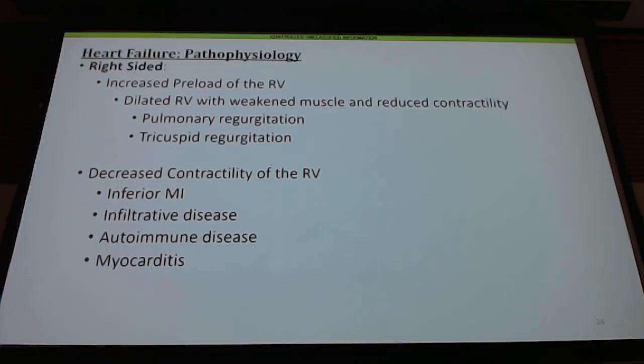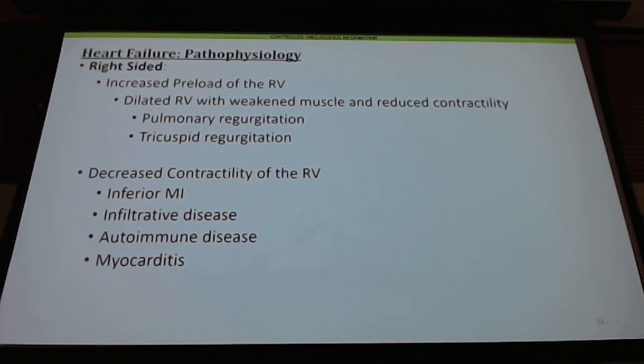When I look at increasing my preload, so things like pulmonary or tricuspid regurgitation, where I squeeze out the blood, but then a lot of that comes right back because of those valvular diseases that are present. I no longer have that one-way valvular integrity or that one-way flow. A lot of that volume comes back, and now the heart's having to work again to get rid of that volume that's already there and that it already got rid of.